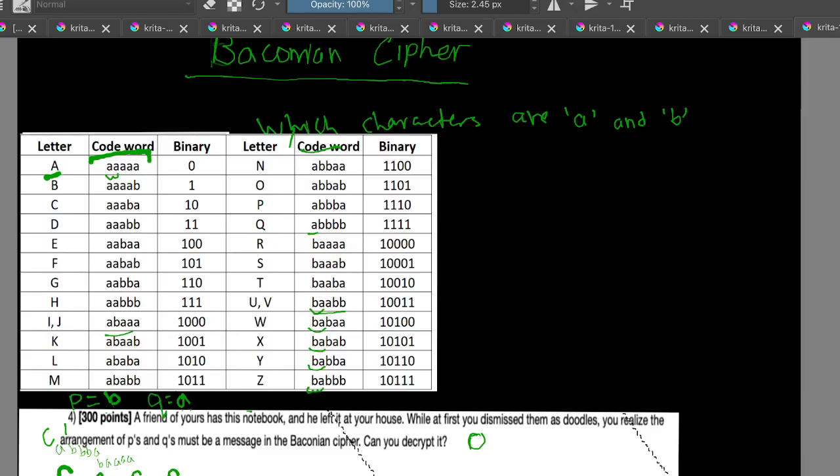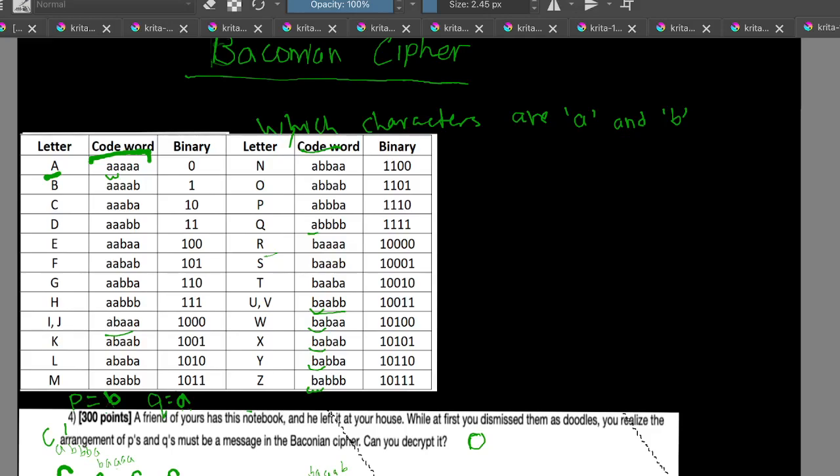Oh, that's P. B, A. That's an R. And this one is A, B, B, A, B. That's an O. This is A, B. It's a B. A, B, A. That's an L. This is A, B, that's an E. That's an A, B, B, that's an M. This is a B, B. So that's an S, I believe.